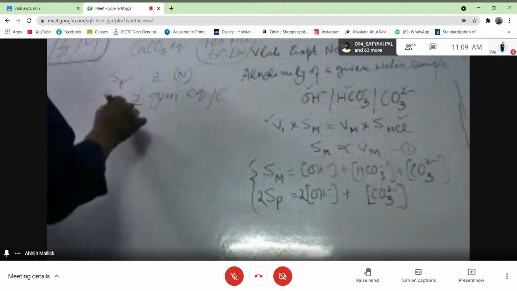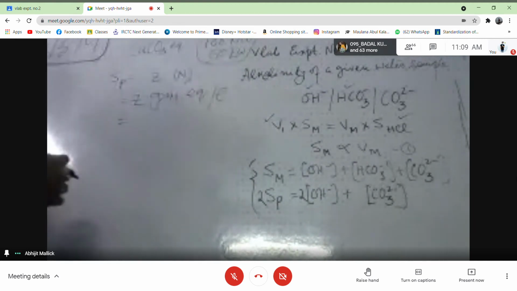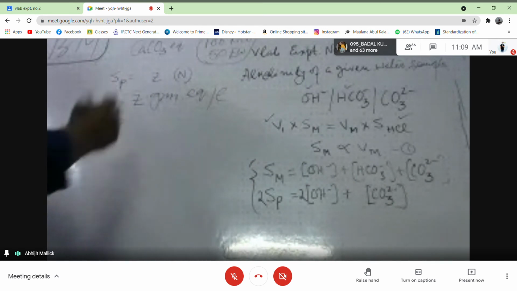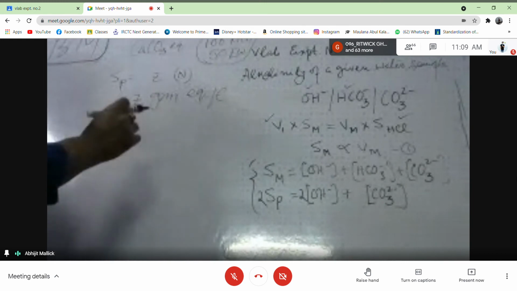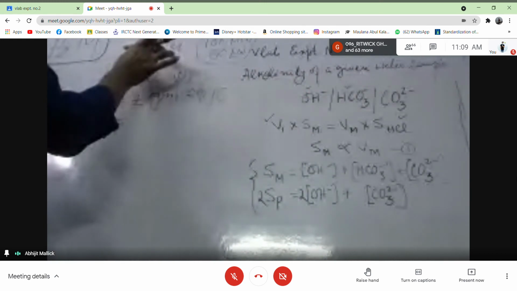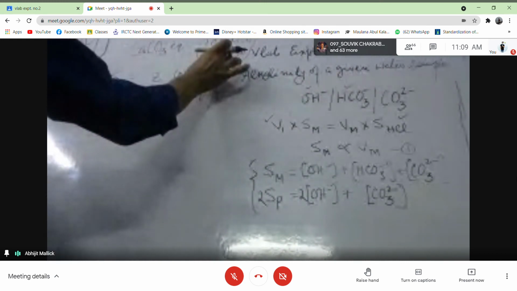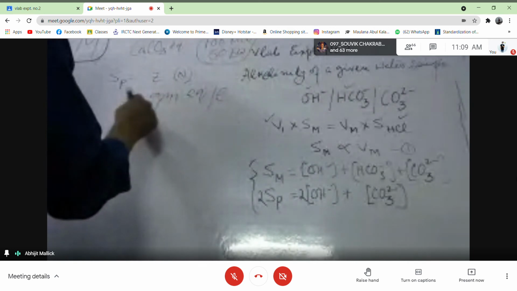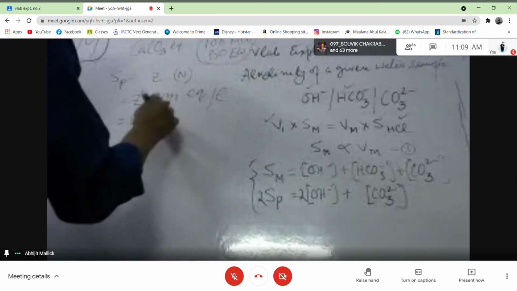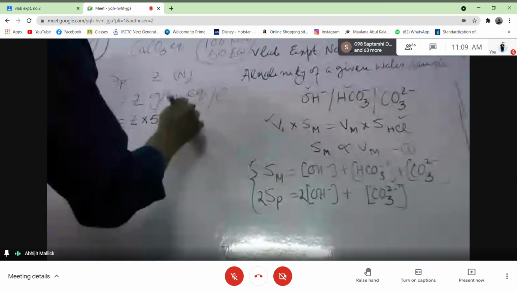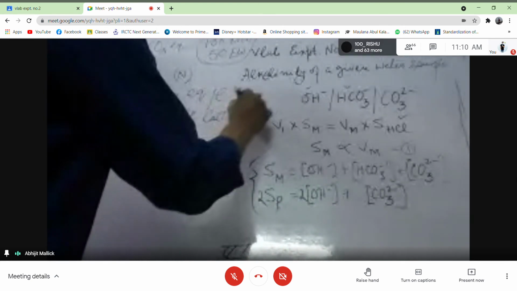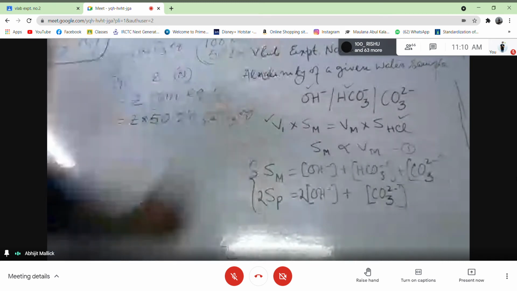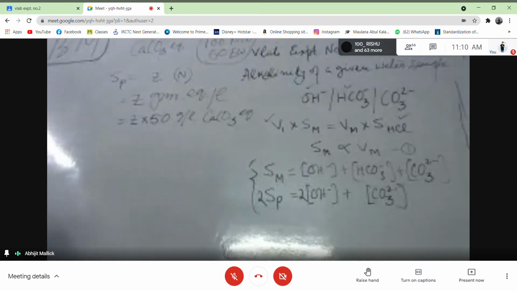Next we will convert it into gram per liter. Converting to gram per liter with respect to CaCO3 means we have to multiply with 50. So Z into 50 gram per liter, and beside this we have to write that this is CaCO3 equivalent, because with respect to CaCO3 it is converted to gram per liter.